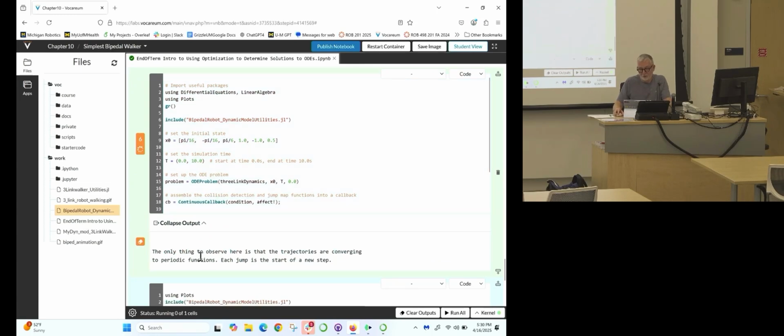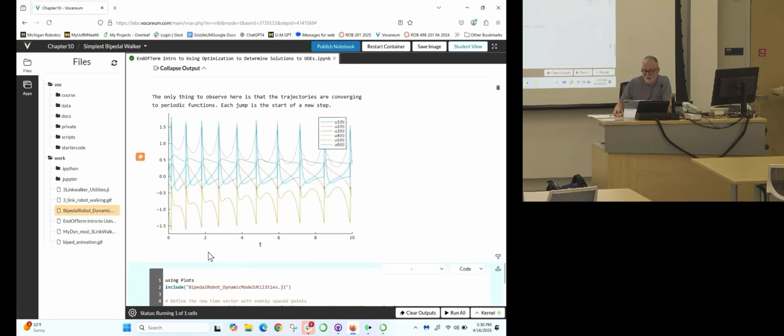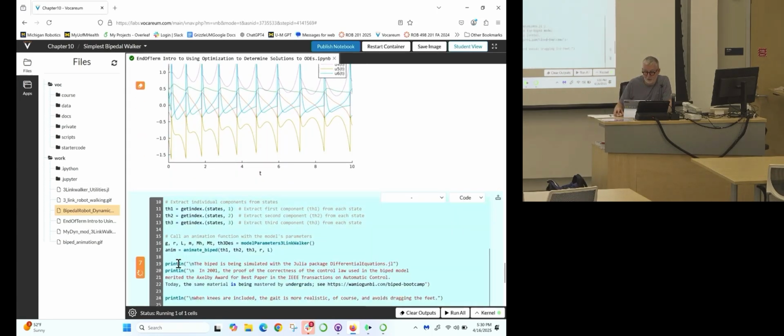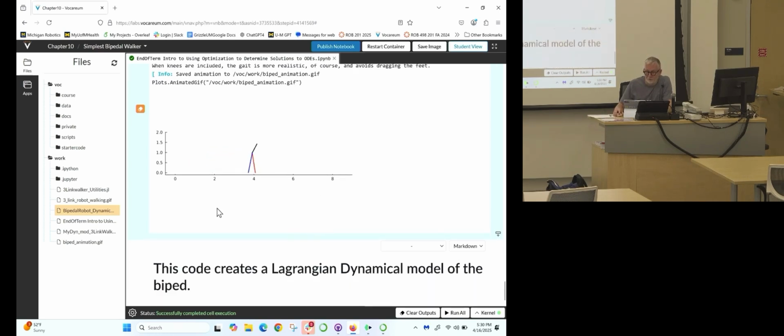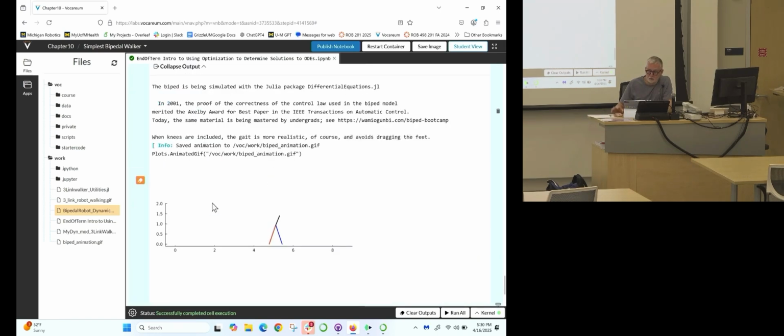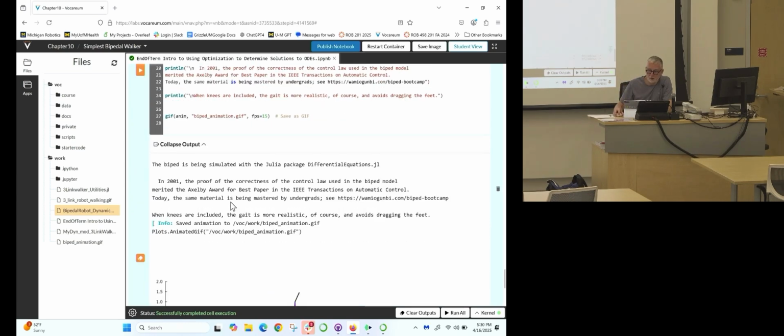The only thing to observe here, there we go. So there we've got a bunch of steps. Now it's going to make the GIF, and the controller is stable because you see I had it walking really fast, and then it's slowing down now to a periodic orbit. Okay, so you've got the feedback code in here.